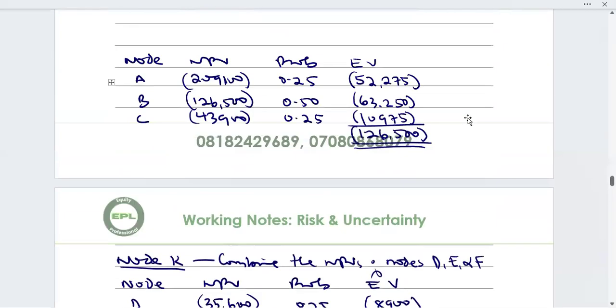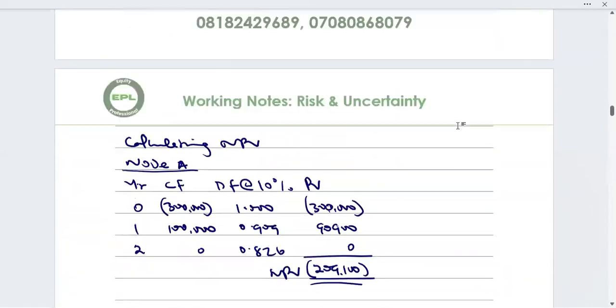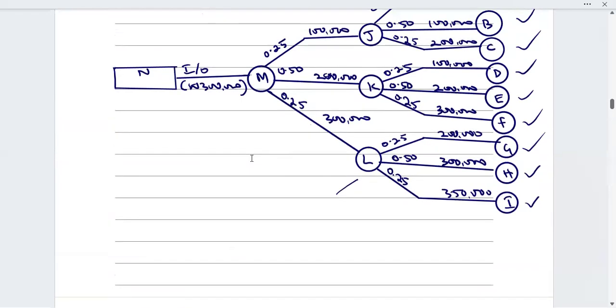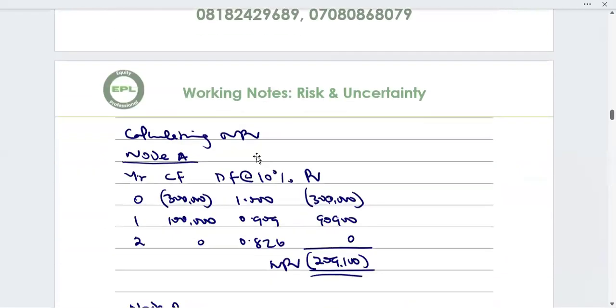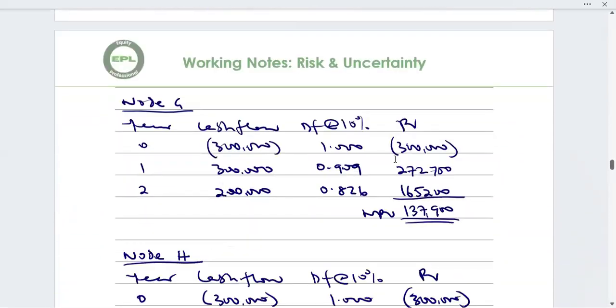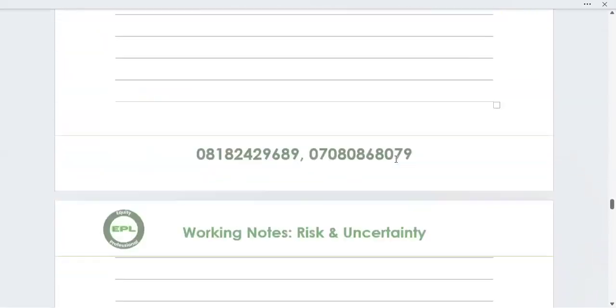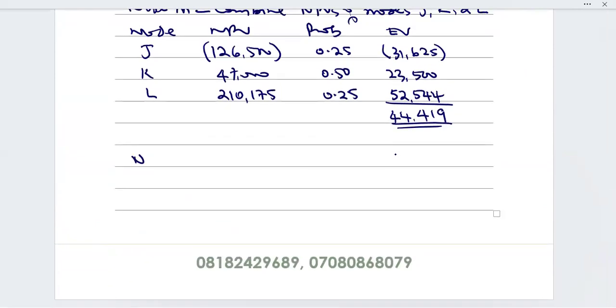The last one is N. Node N is coming from node M. Therefore, whatever you have as M is equal to your N. So node N equals node M, which is equal to 44,419.